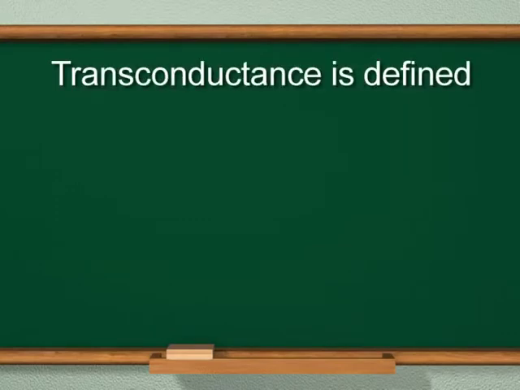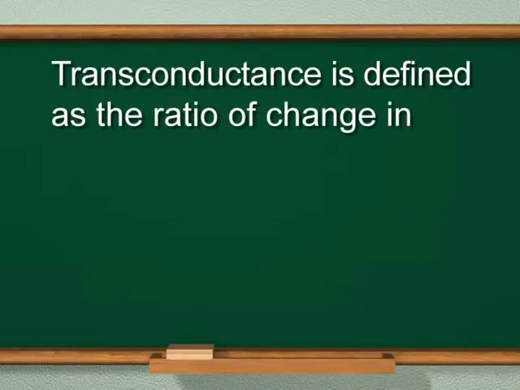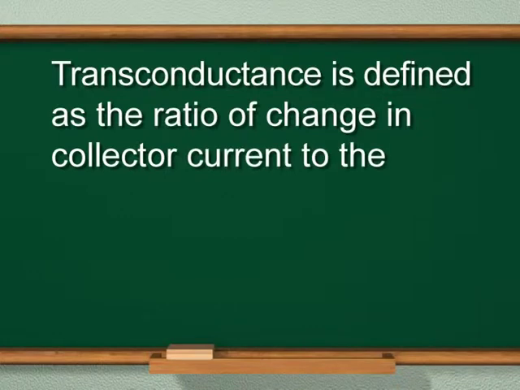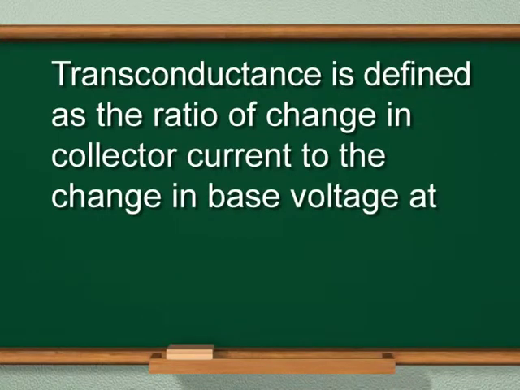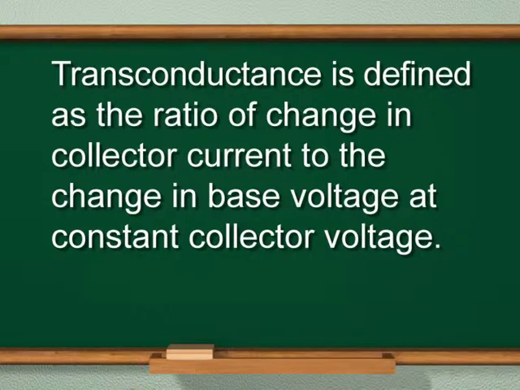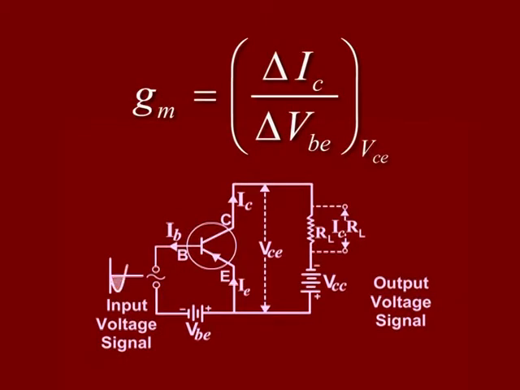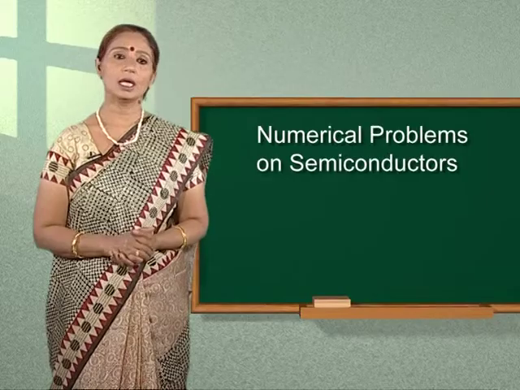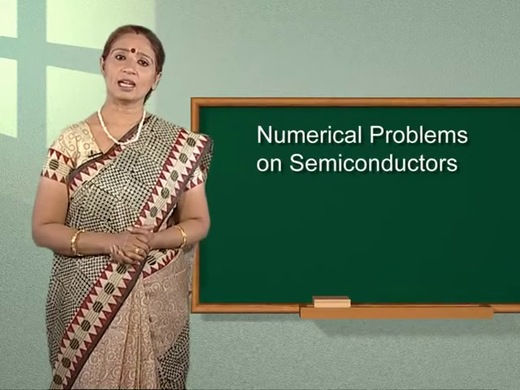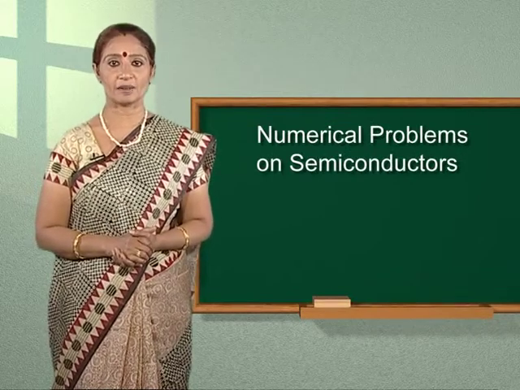Transconductance is defined as the ratio of change in collector current to the change in base voltage at constant collector voltage. It is represented by Gm. Therefore, Gm is equal to delta IC upon delta VBE at constant collector voltage. This can also be written in another way.